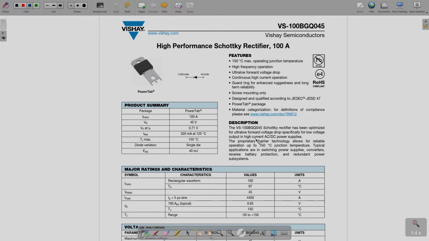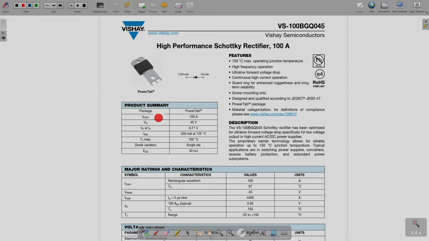Again, you can see some features given by the manufacturer, a small description, and the picture of that Schottky rectifier. The packaging is much different than what we saw previously for the 3-phase rectifier bridge. And these are the key specifications.